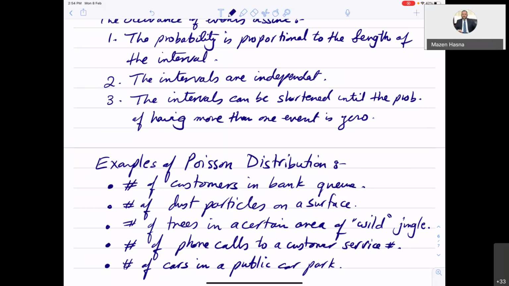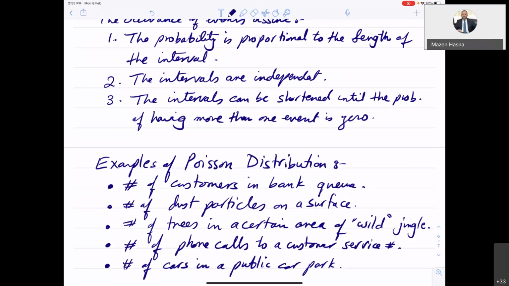And in all cases, like on your desk, you can go to a smaller area, like 1 millimeter by 1 millimeter, 1 micrometer by 1 micrometer. You can go so small until you reach an area in which you can have either one particle or none.